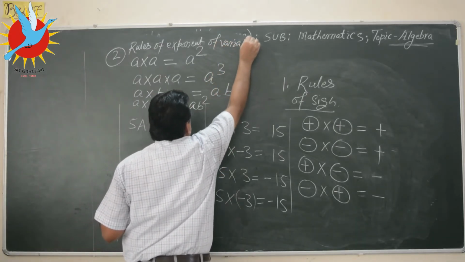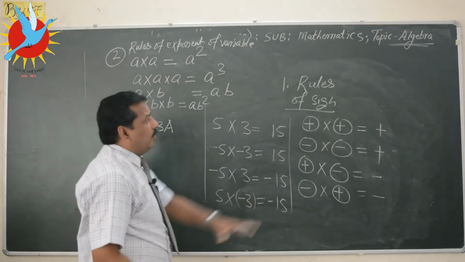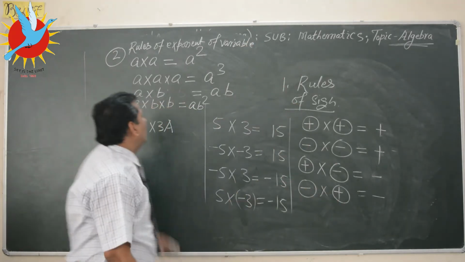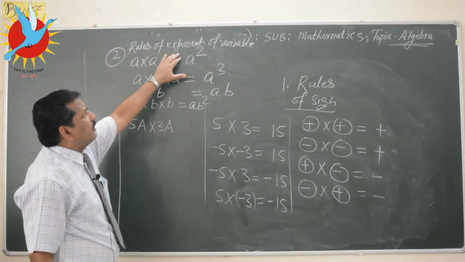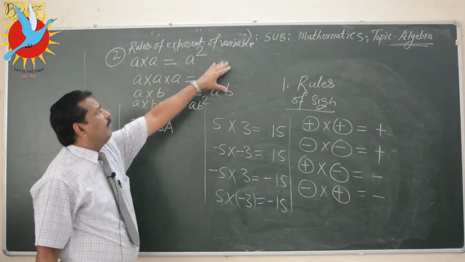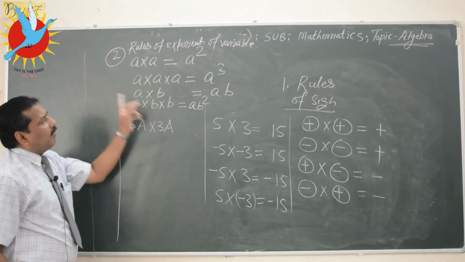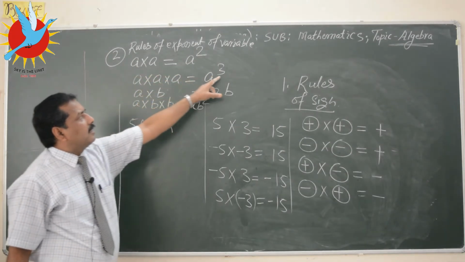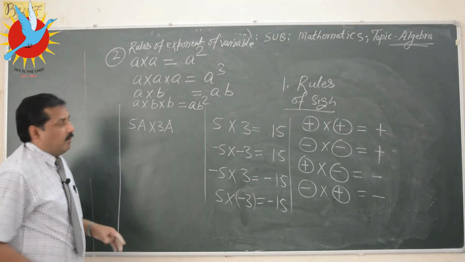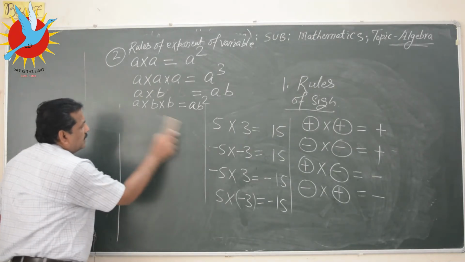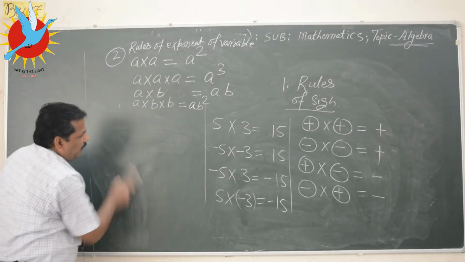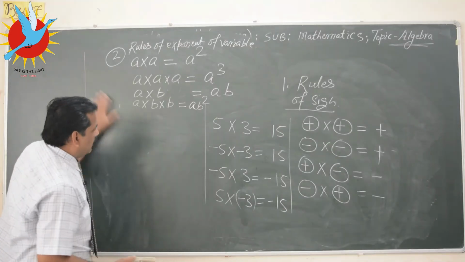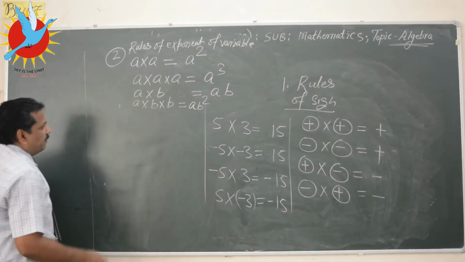You have to follow only two things: rules of sign and rules of exponent, that is, power of variables. So powers are added, 1 plus 1 plus 1, that is 3, and that's all. And now let us translate this idea into doing multiplication of algebraic terms and then expressions.